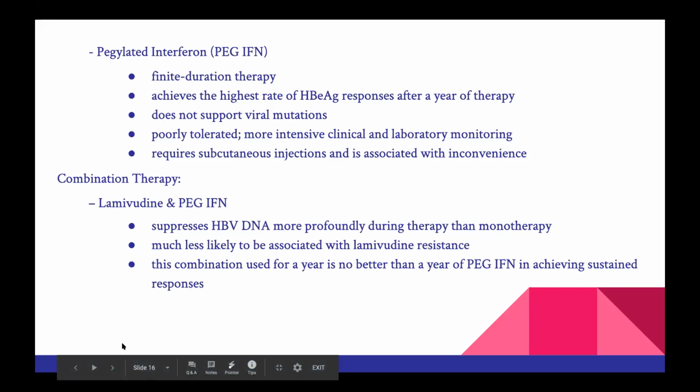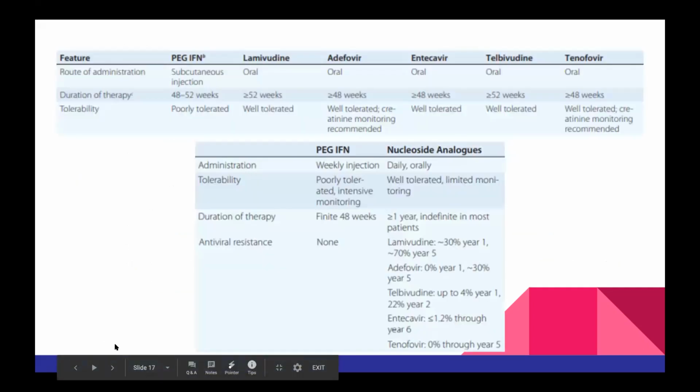It is much less likely to be associated with lamivudine resistance. Then this combination used for a year is no better than a year of pegylated interferon in achieving sustained responses. Then in the combination therapy, it has differential antiviral actions that may increase the likelihood of serologic responses and sustained response after treatment cessation.